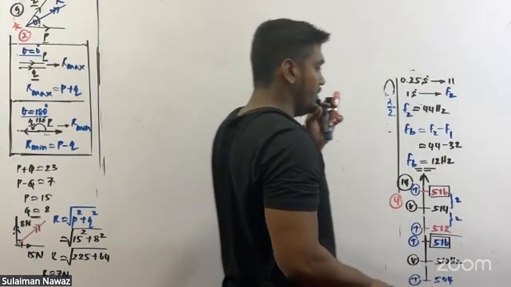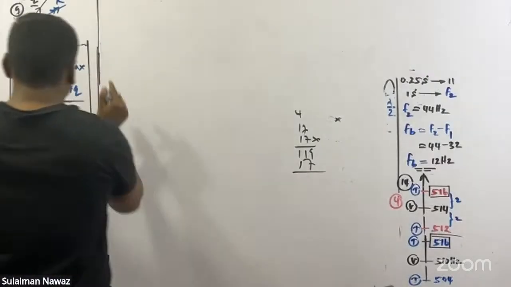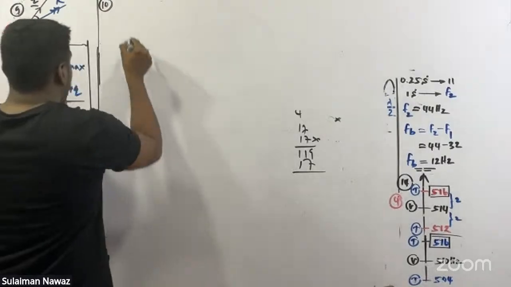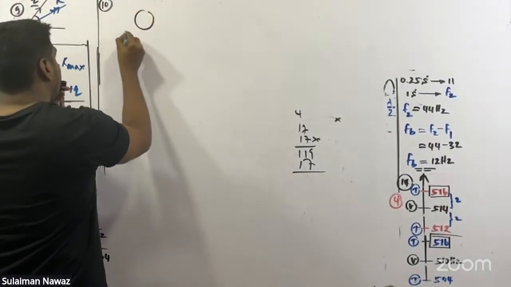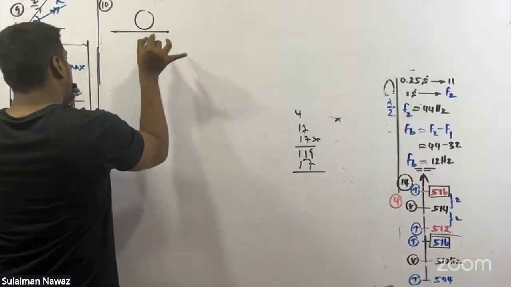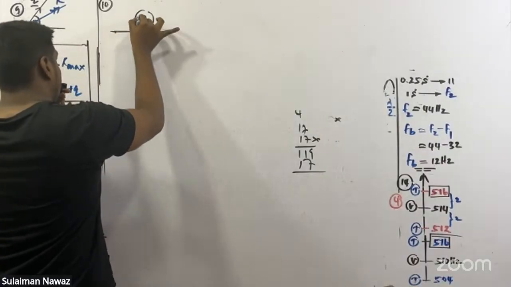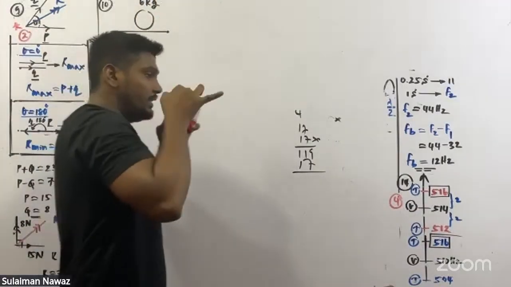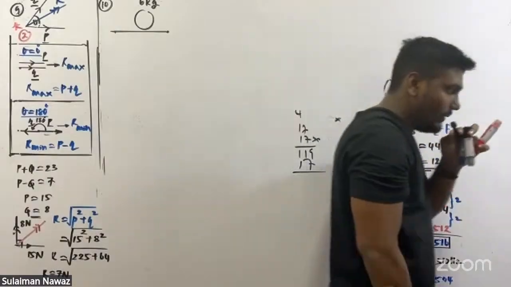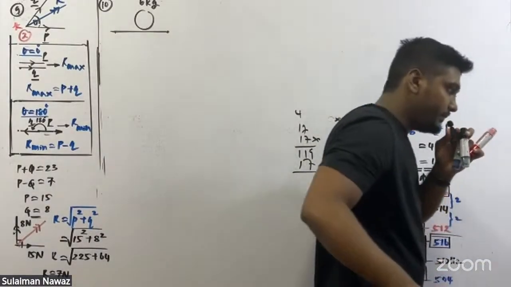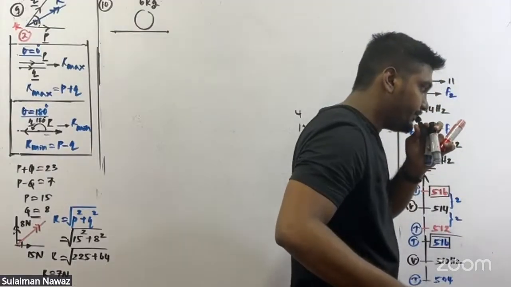Okay, question number 10. Look at the story. There's an object. There are 3 coplanar forces at horizontal. Its mass is 6 kilograms. 3 horizontal forces are acting on this object: 6, 9, 12.